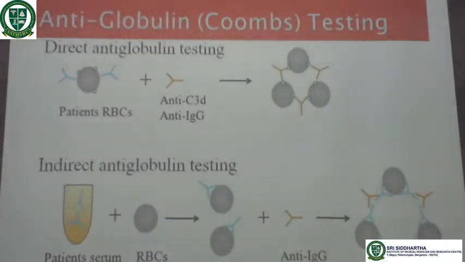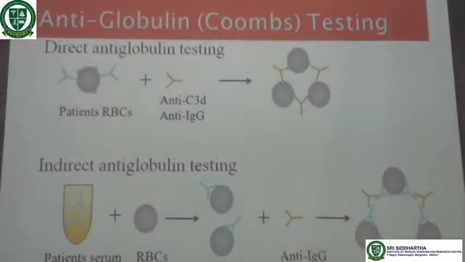So direct antiglobulin testing. It's a very simple test. What we do? We take a patient's RBCs. You have immune hemolytic anemia. Antibodies are already formed. You can see the picture. They are attached on the surface. Antibodies are attached to the antigen over the RBC surface. It is the antigen-antibody complex. It's already attached on the patient's RBCs. Put anti-C3 or anti-IgG. This is nothing but Coombs reagent. What will it do?